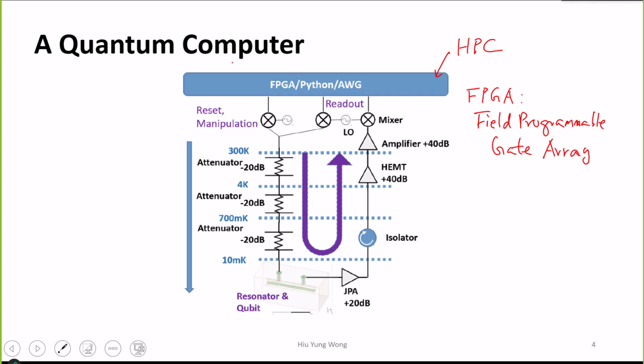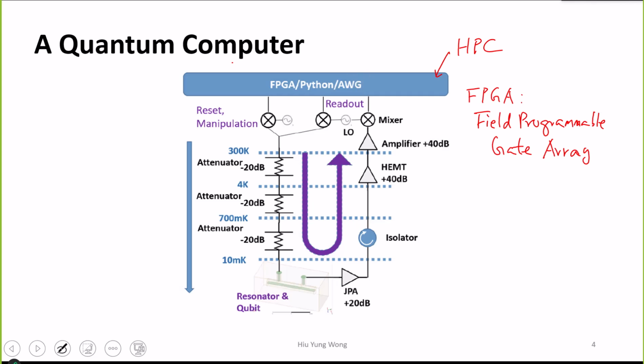So they use a lot of FPGA. But it is still very fast, FPGA, compared to other discrete logic. So this is the field programmable gate array, and the good thing is you can program it. Python code, of course, so you probably have some CPU, GPU if you want.